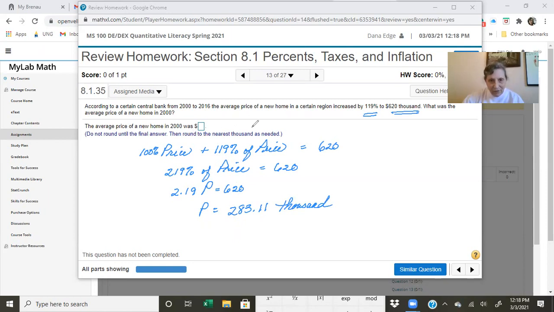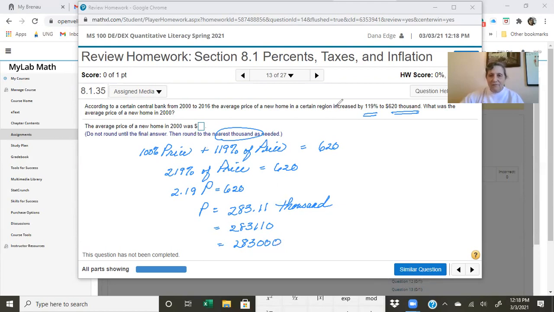Again, they didn't write the word thousand, so I'm going to assume that they mean to go ahead and put in the zeros. And then that rounded to the nearest thousand would be 283,000 would be the closest thousand.